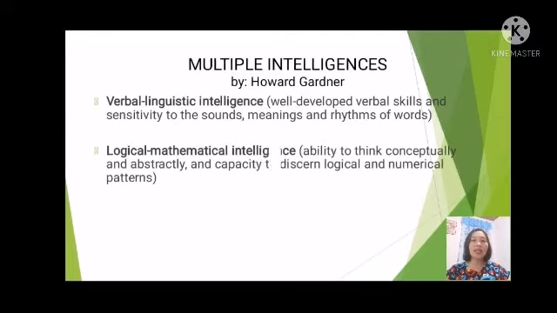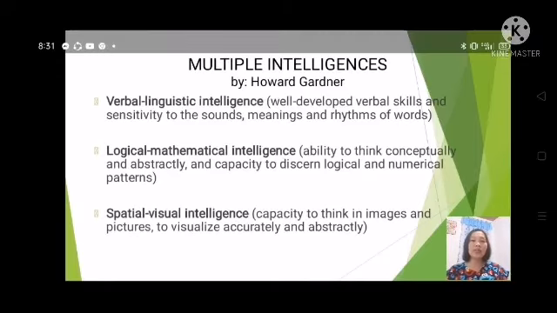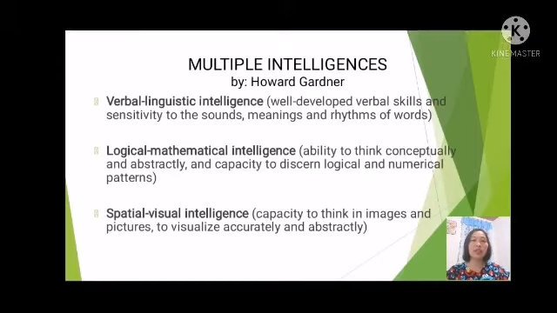The next is the logical mathematical intelligence. It is the ability to think conceptually and abstractly, the capacity to discern logical and numerical patterns. The third intelligence is the spatial visual. Spatial visual is the capacity to think in images and pictures, to visualize accurately and abstractly.